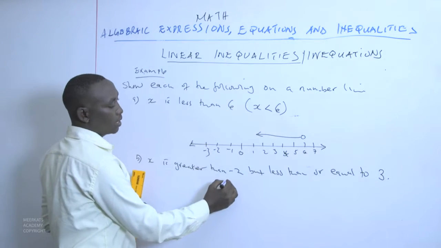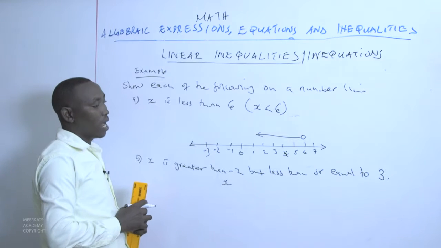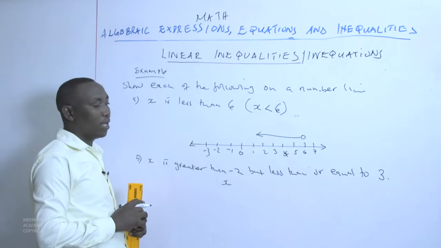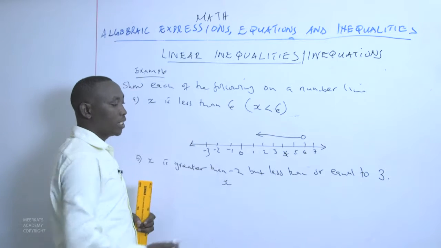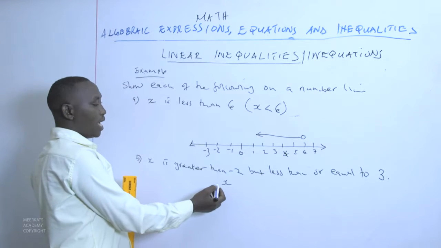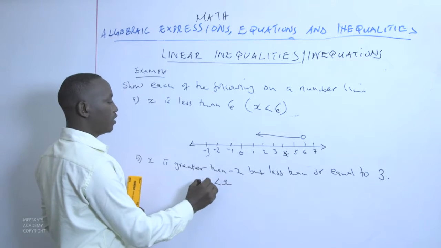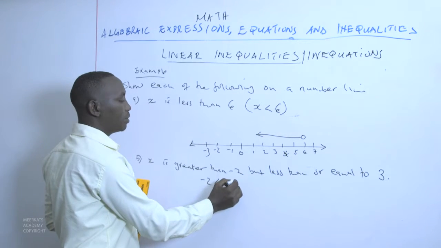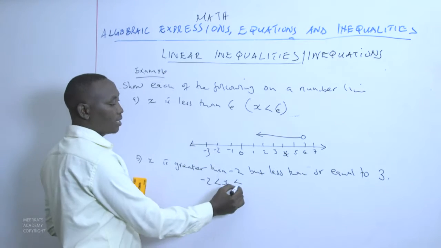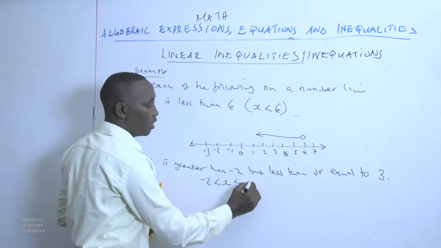So this requires us to come up with a complex or compound statement where we have been told that x is greater than -2, and at the same time x is either less than or equal to 3.